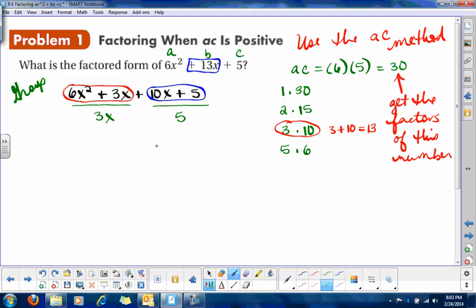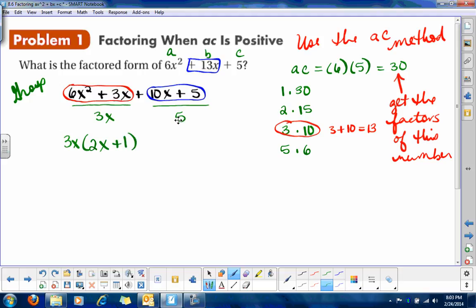Remember, when you are factoring out the greatest common factor, that GCF goes on the outside of the parentheses. So we have 3x times whatever's left up here. 6 divided by 3 is 2, x squared divided by x is x, and of course, 3x divided by 3x is 1.